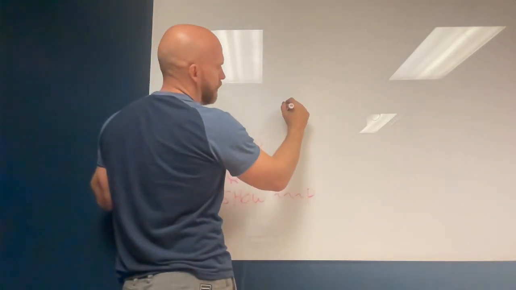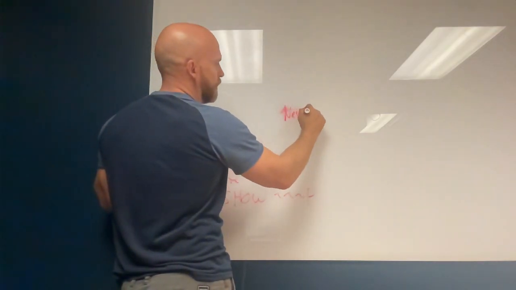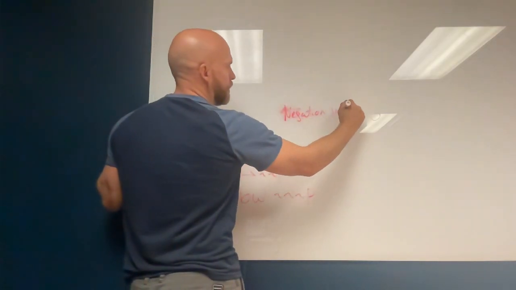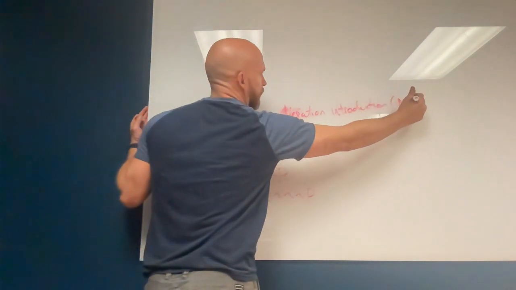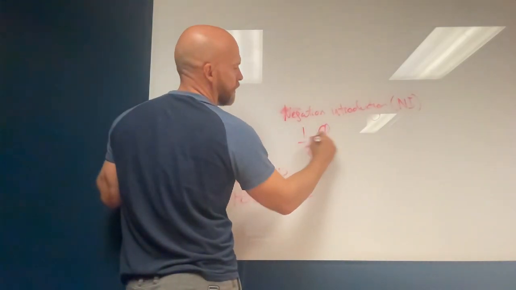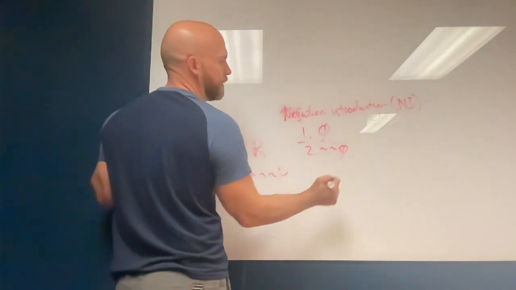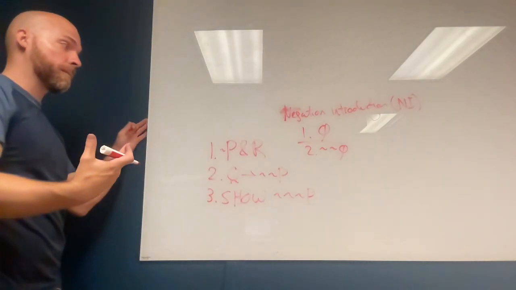There's negation introduction, in E, or in I. That allows you to say if you have phi, then you can infer not not phi. Basically, introduce the negations in pairs.